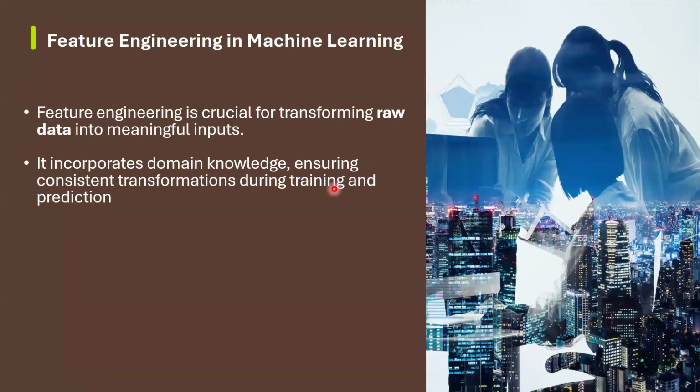All right. So feature engineering, our next step is feature engineering in machine learning. Now, I know we have said feature engineering a lot throughout this course, and I hope by now that you understand to an extent what it is to feature engineer, right? And it's very crucial because this is where we're transforming our raw data. So the data that we just cleaned is how we're transforming our raw data into meaningful inputs, right?